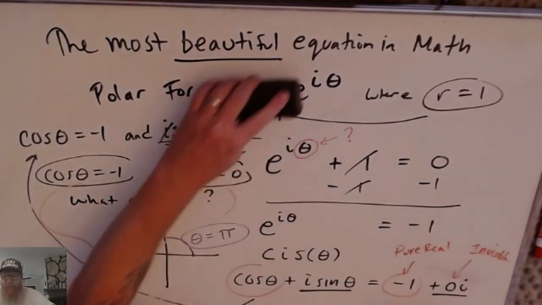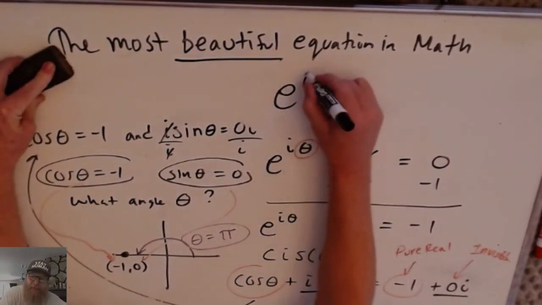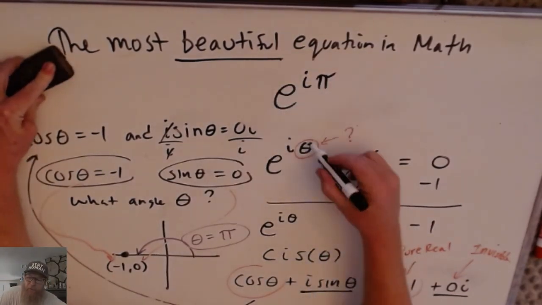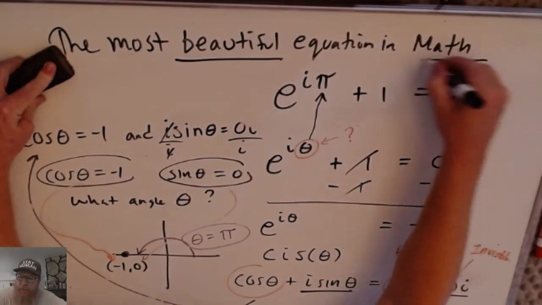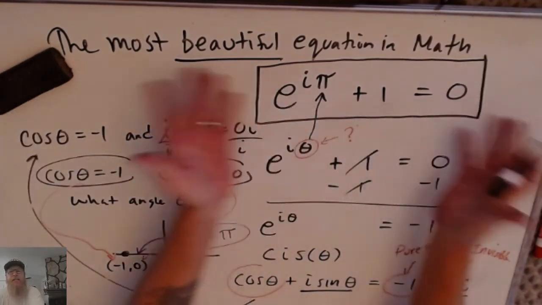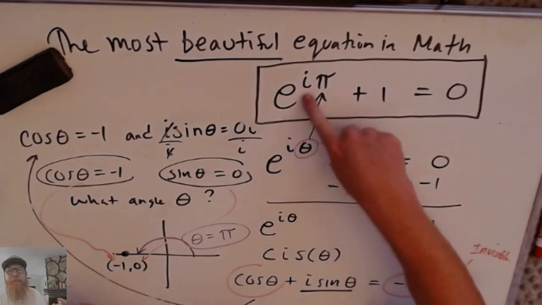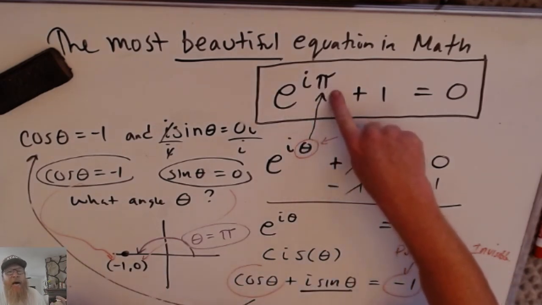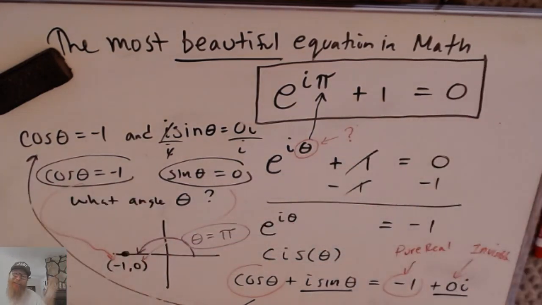And so that is sometimes called the most beautiful equation in all of mathematics, because when you put in your solution of pi, you get one equation that contains the 5 most important symbols in all of mathematics: e, i, pi, 1, and 0. And they all live together in one beautiful equation.